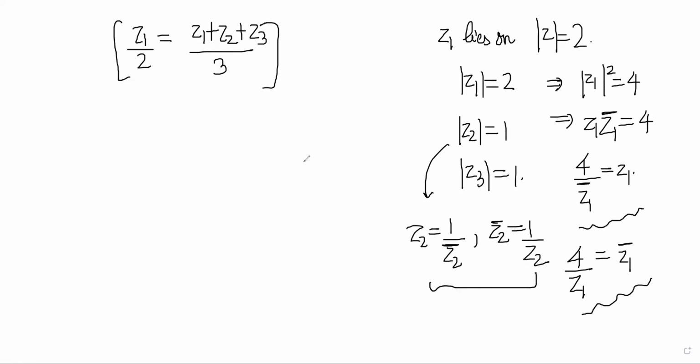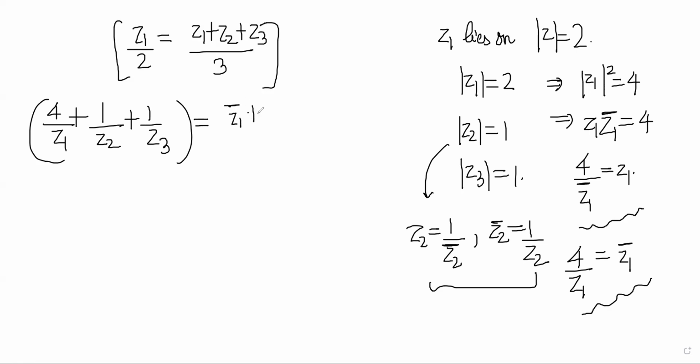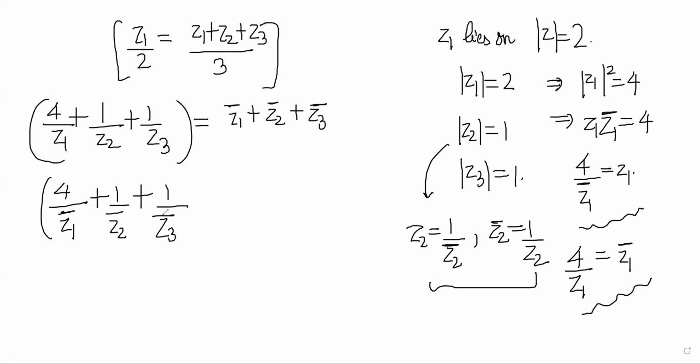And same thing for Z3 also, right? So in option A, we have the expression 4 by Z1 plus 1 by Z2 plus 1 by Z3. And that basically is the same as Z1 conjugate plus Z2 conjugate plus Z3 conjugate. And the other factor there was 4 by Z1 conjugate plus 1 by Z2 conjugate plus 1 by Z3 conjugate.